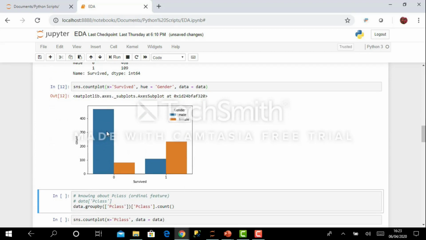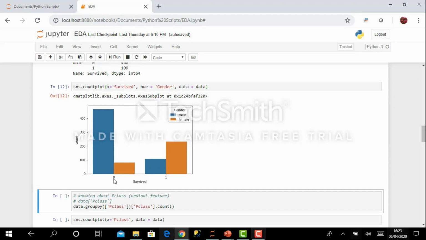From this you can come to a few conclusions. First of all, gender is a categorical feature. It has the values male and female. For male passengers most of them did not survive, and for female passengers more survived than did not survive, right?